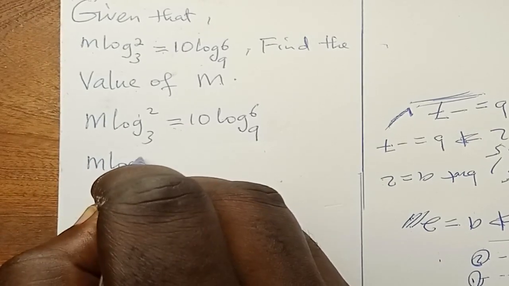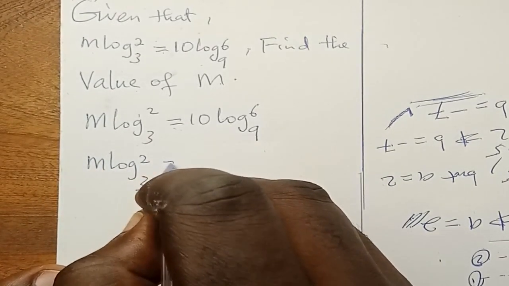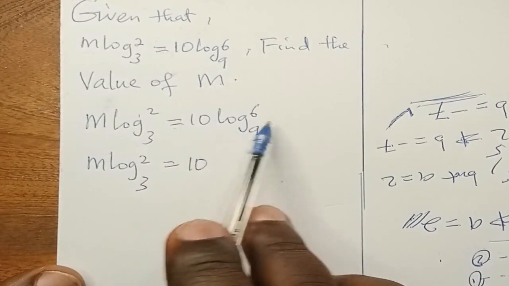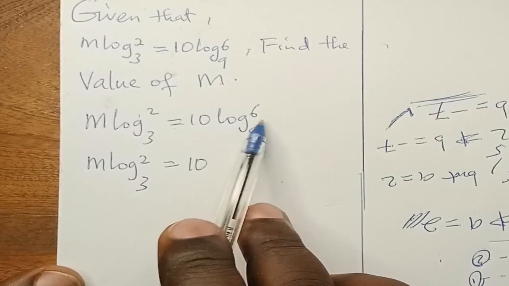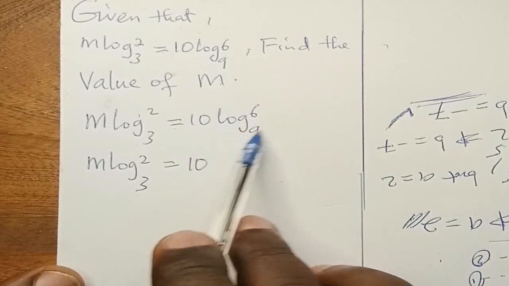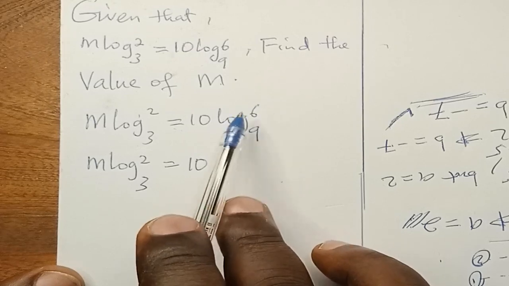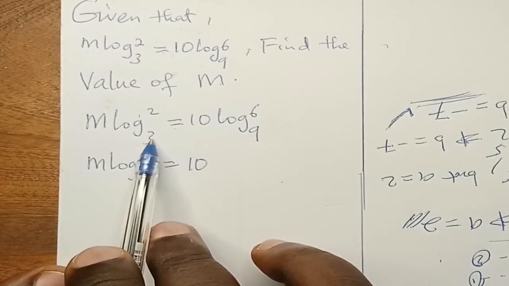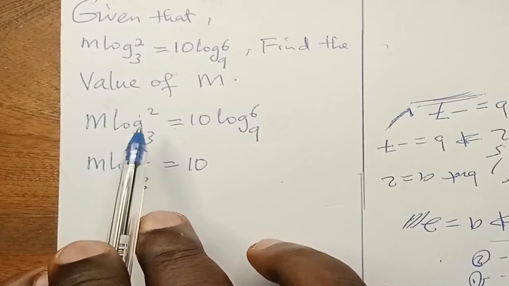log to the base of 3 power 2 is equal to 10, and when we have it like this, we must express it in the form of a division to separate it and make it in the form of a base. Therefore, we are going to give it a particular base, which is 3, to make it look like this on the left.